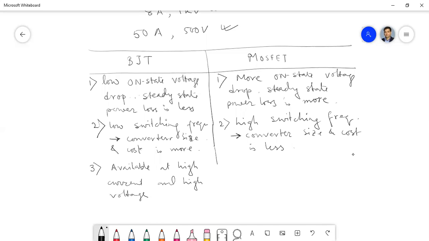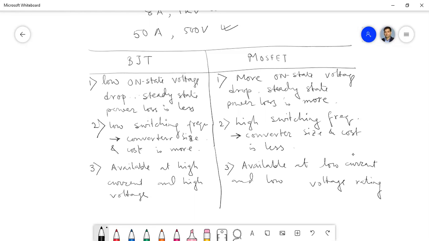So you can say that is an advantage of BJT. But for the power MOSFET, as I have seen in the available range, it is available at low current and low voltage.